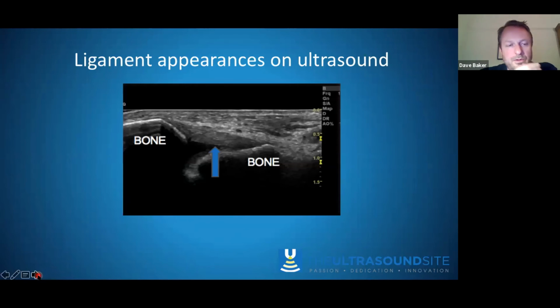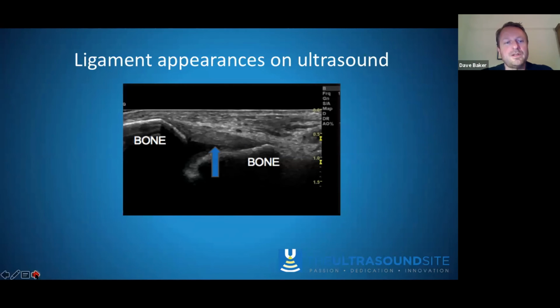They are oftentimes quite easily visualized. A large number of ligaments around the body are very easily visualized on ultrasound. And here we can look at, as Stu is depicting with his laser pointer, this is the very typical appearance, not dissimilar to a tendon, in that it tends to have that very typical hyperechoic fibrillar appearance, but in this case running from one bone to another.